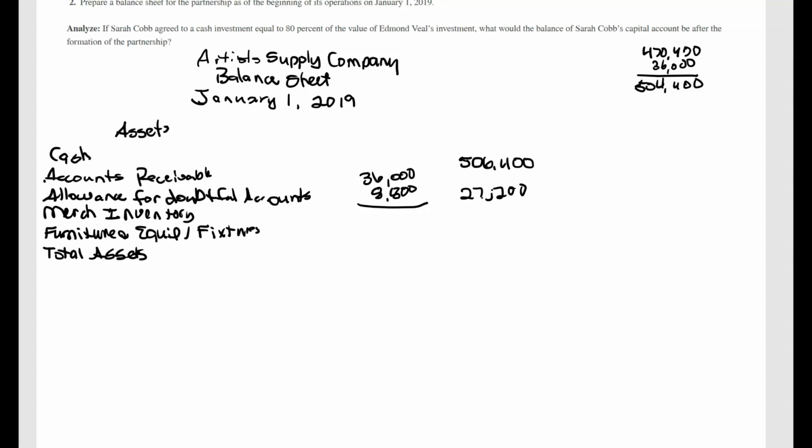Merchandise inventory was $344,000. Furniture and fixtures was $95,200. So then if you add up all of that, you get a grand total of $972,800.